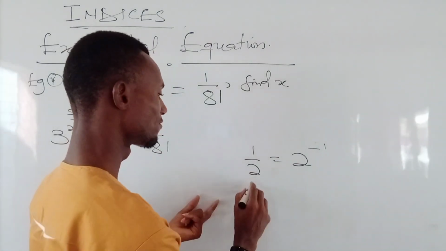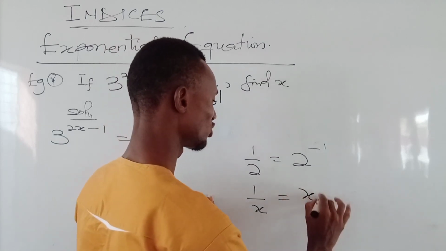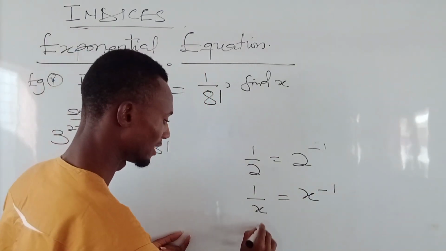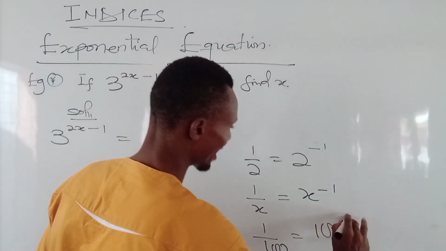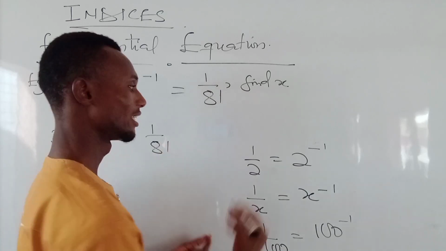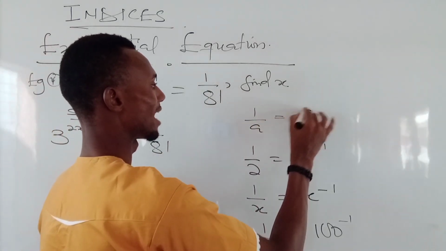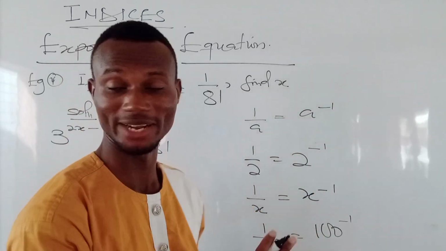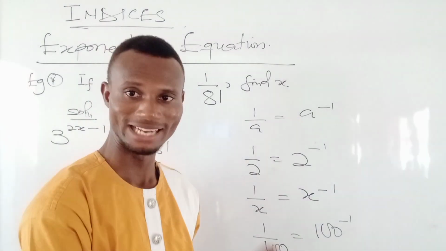When you have 1 over s, you can also write it as s to the power negative 1. If I have 1 over 100, I can write it as 100 to the power negative 1. If I have 1 over a, I can write it as a to the power negative 1. I've explained this to you in some videos, so we are going to apply that knowledge here.